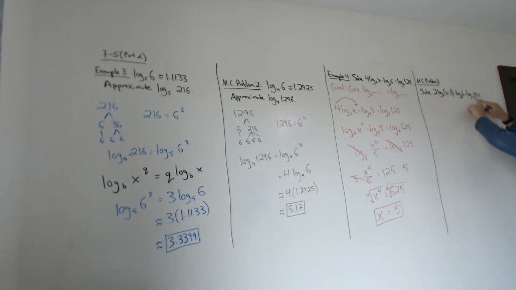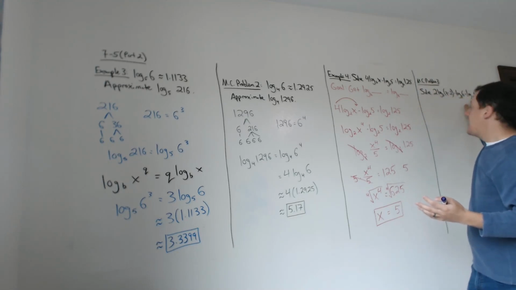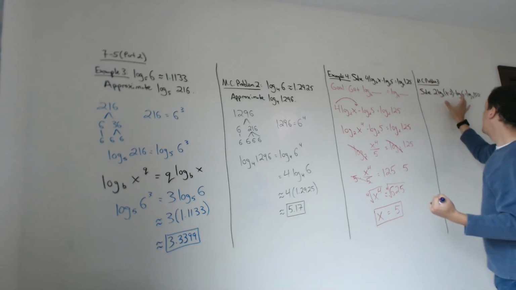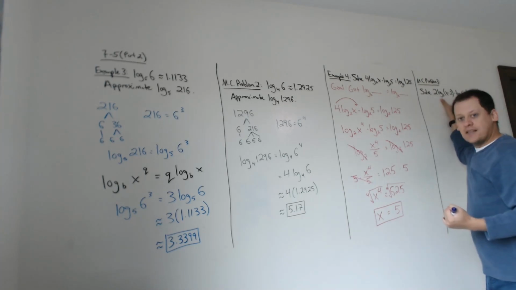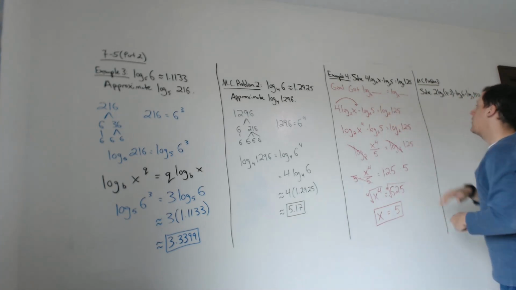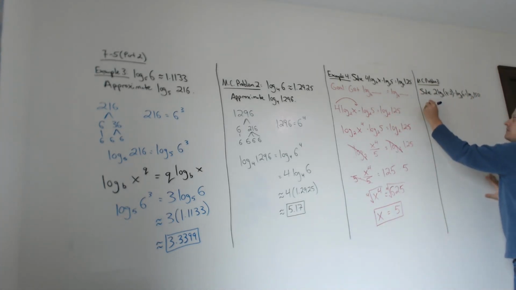So on the right side of the equation, we have log base 3 of 150. That looks fine. We're not going to have to look at changing anything over here. All of the work that we have to do at the beginning has to be to get everything on this left side to be log of something. Right? So, let me copy this down.